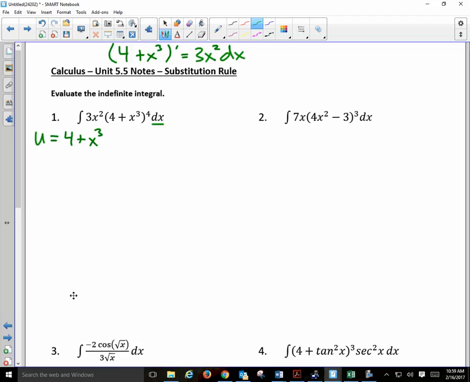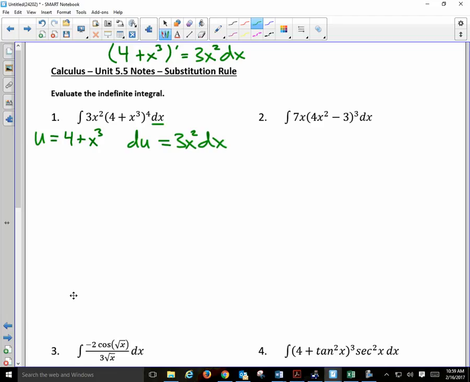After you write down u, you write down du. Du is the derivative of u. What is the derivative of 4 plus x to the third? 3x squared dx. I can now do a replacement.